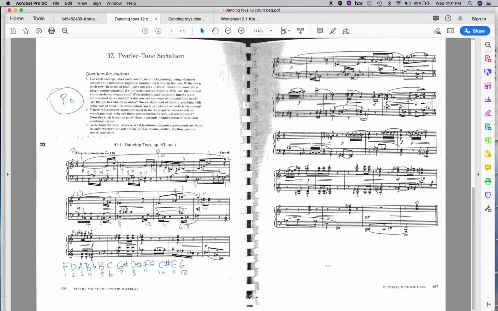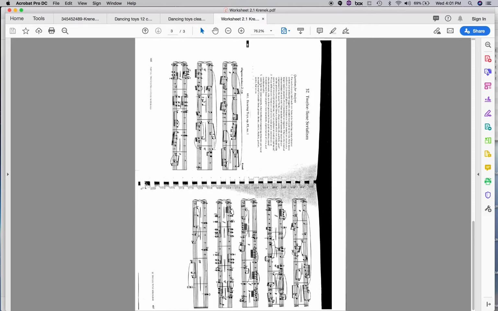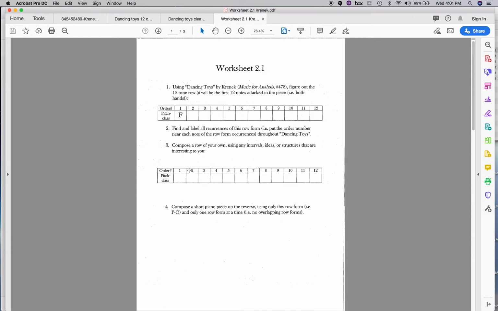Now, in terms of your worksheet, I asked you to come up with your own 12-tone row, and then to write a short piano piece. You could have used any method you wanted, as long as you don't repeat any pitch classes and you include all 12 pitch classes.